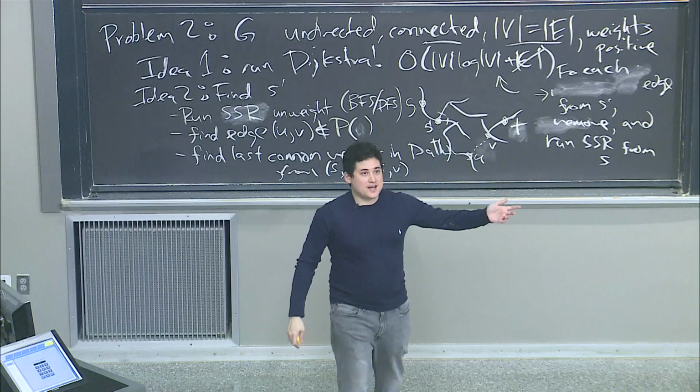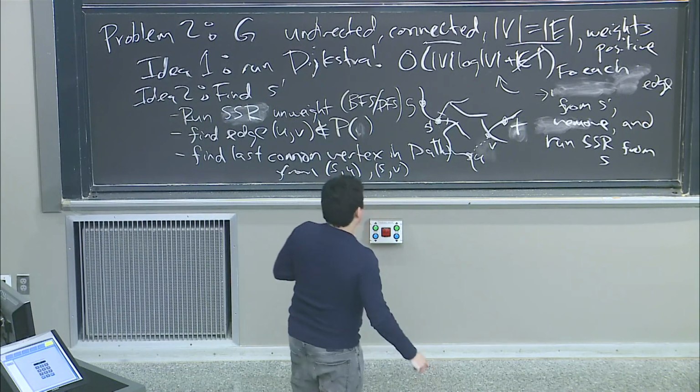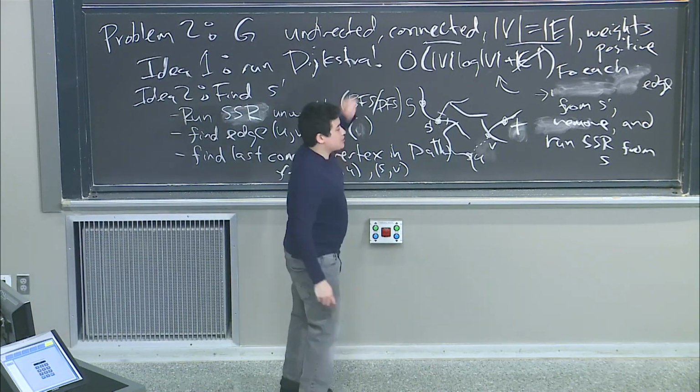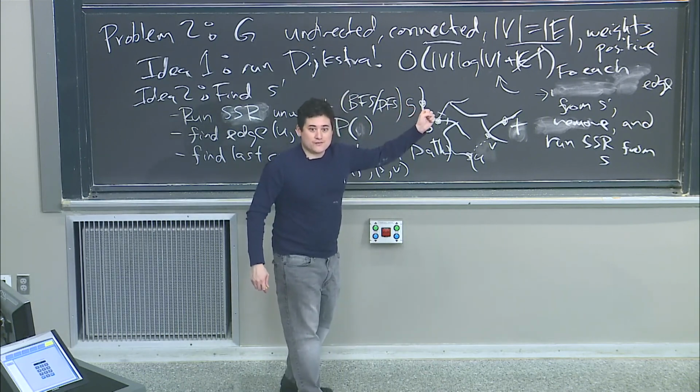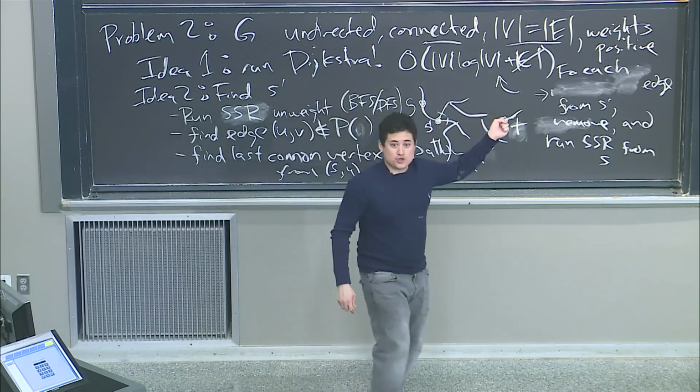And one of the paths there to T will be my shortest path in the original graph, because it can't use more than 2 of those edges.